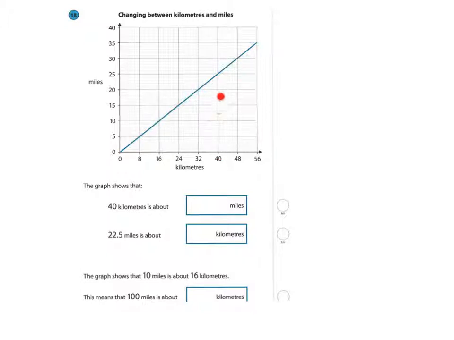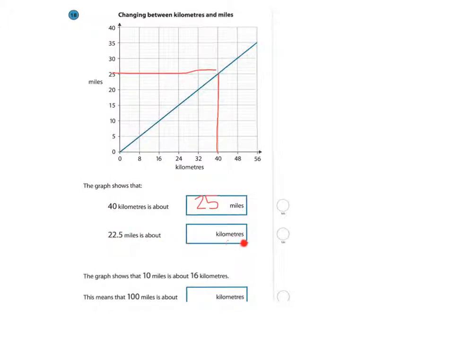If we go up to the line and across, it will tell us how many miles. I'm just going to draw a line from 40 up to the blue line. I'm then going to go across. I can see that 40 kilometres is 25 miles.